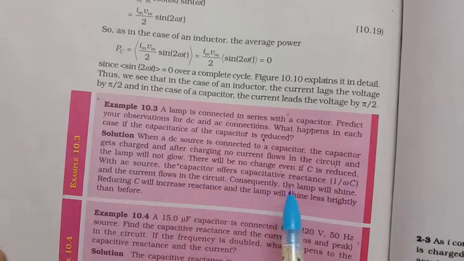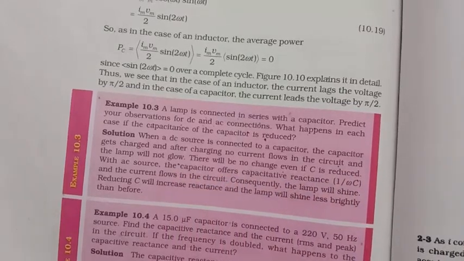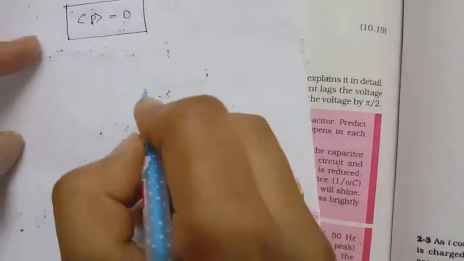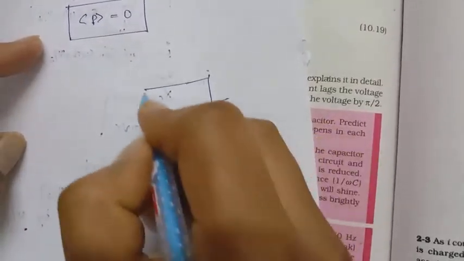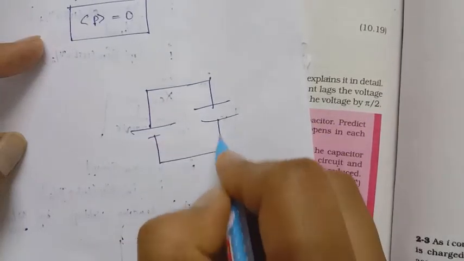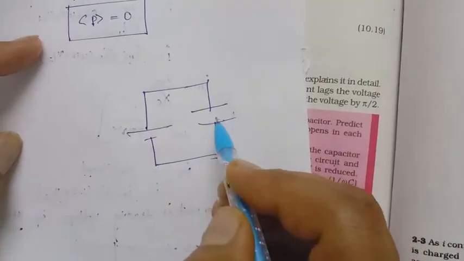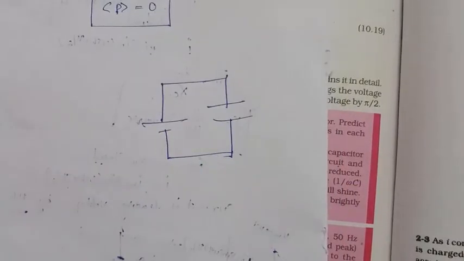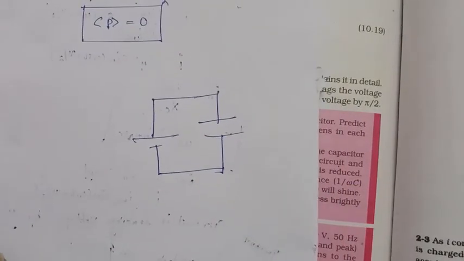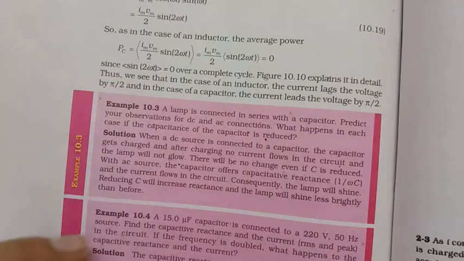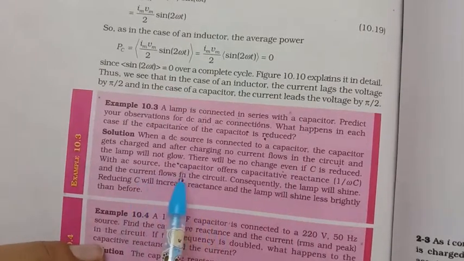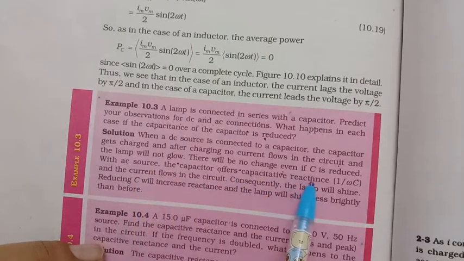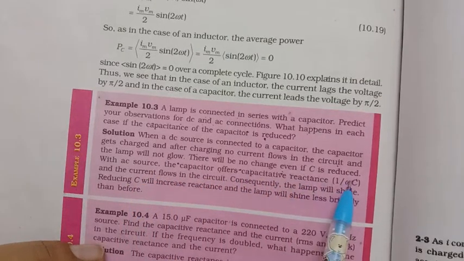When the capacitor is fully charged, there is no flow of current, so the bulb will not glow.